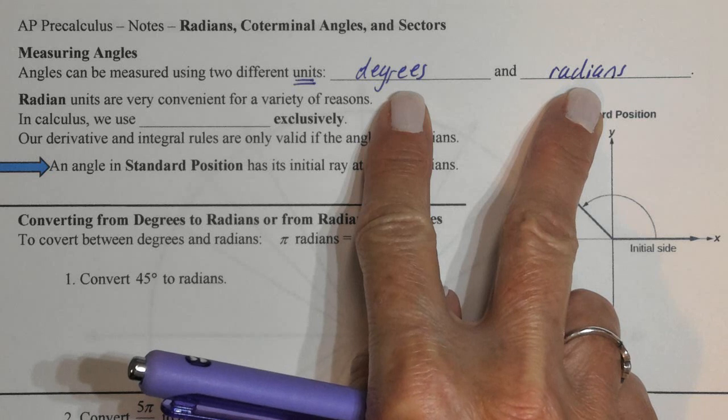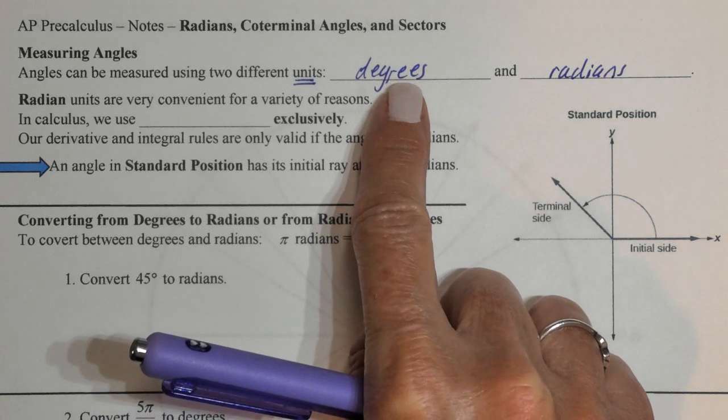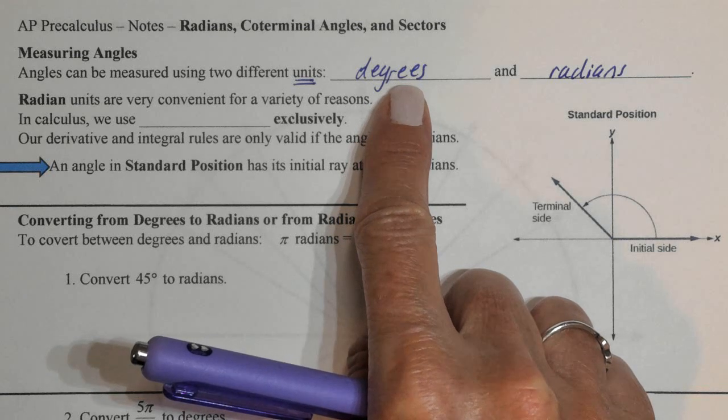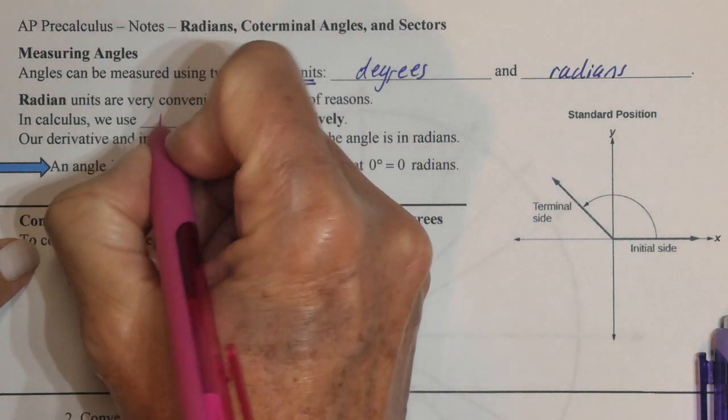Okay? Radian units, even though right now you're more comfortable with degrees, radian units are more convenient for numerous reasons. In calculus, we use radians exclusively.